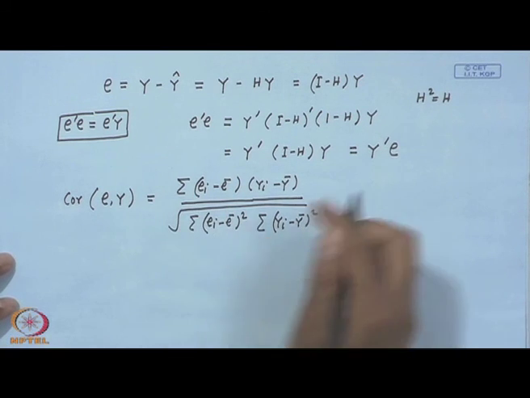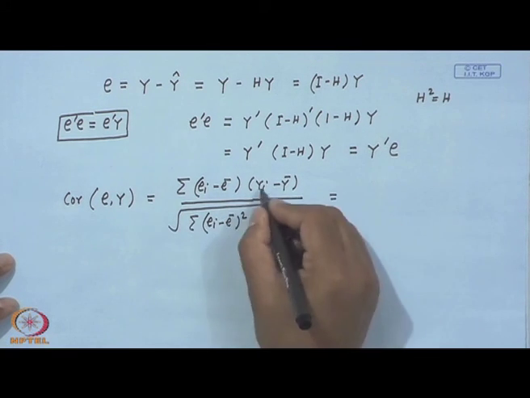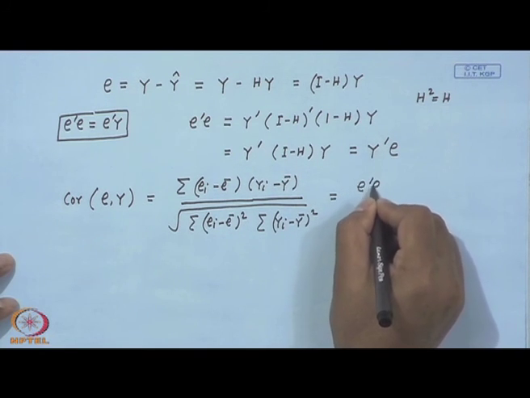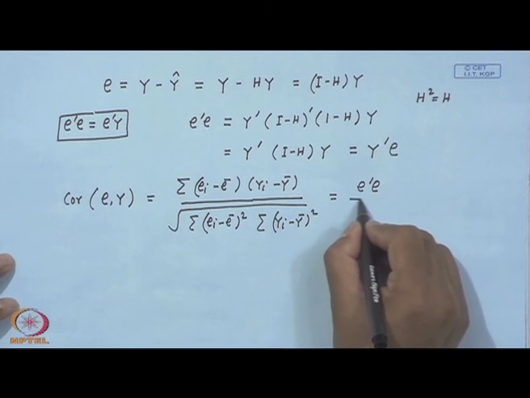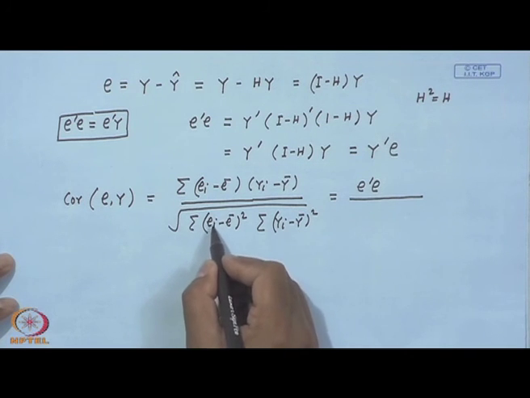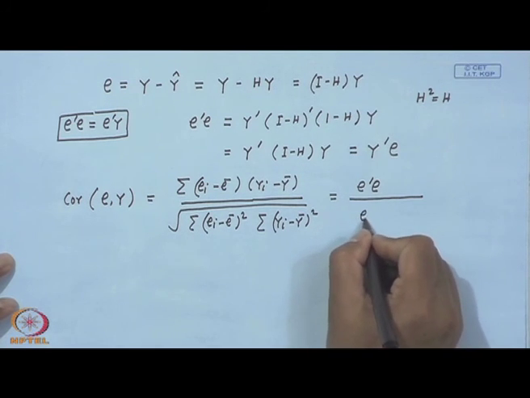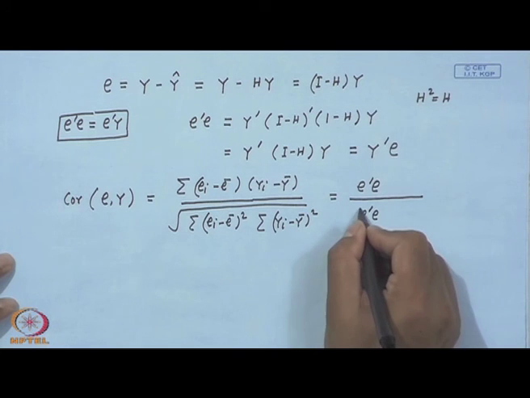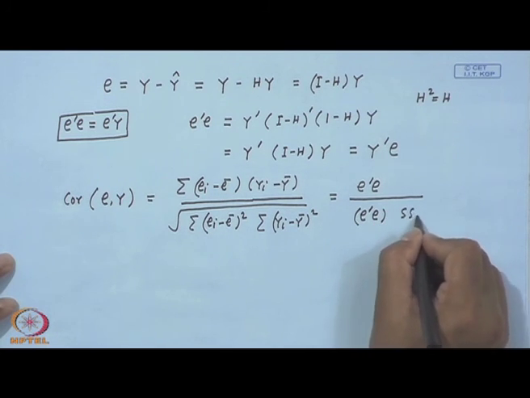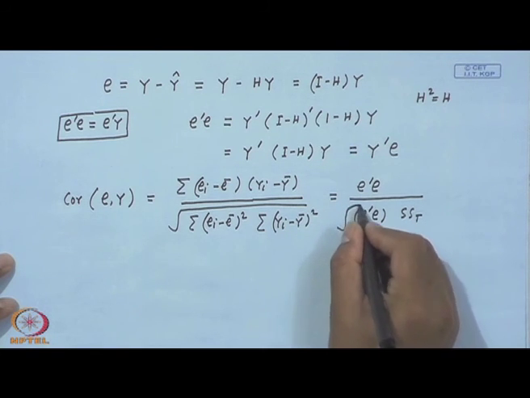We proved that the numerator is E prime E, and since E bar is equal to 0, the first term in the denominator is nothing but summation E I square, which is again E prime E, and the other is SS total, under the square root.